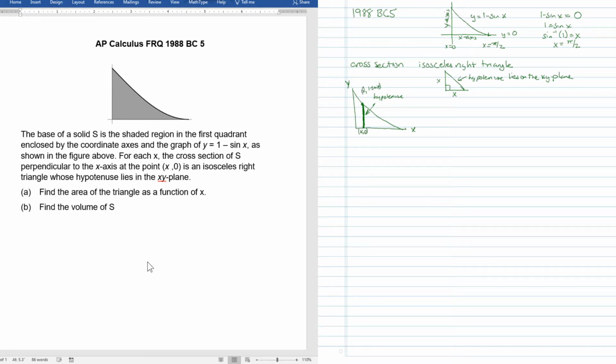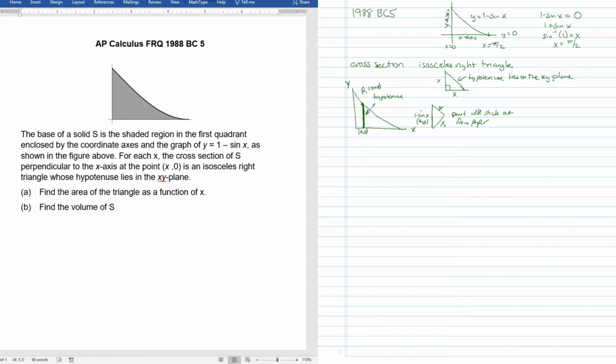This is not 3D of course, but this is going to be on the plane, and the point will stick out from the paper. And this will be x, this will be x, and this will be 1 minus sine of x, because that's the length of your hypotenuse.